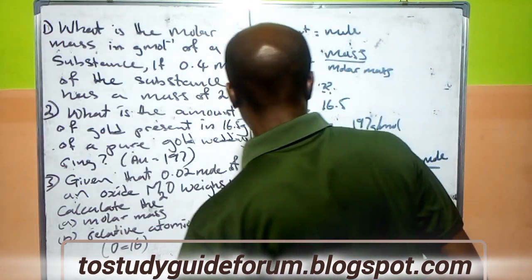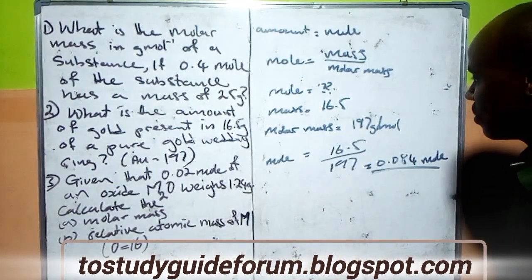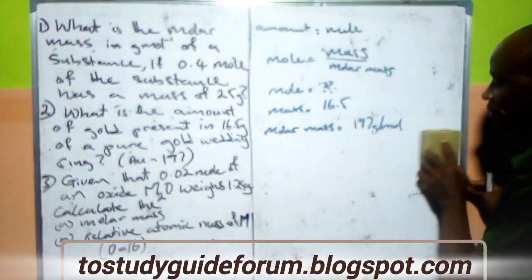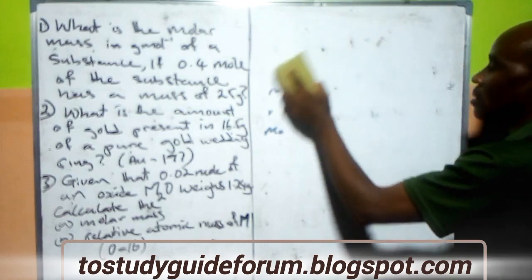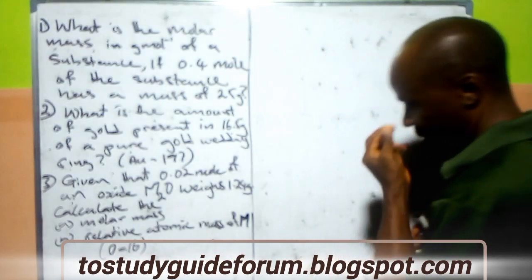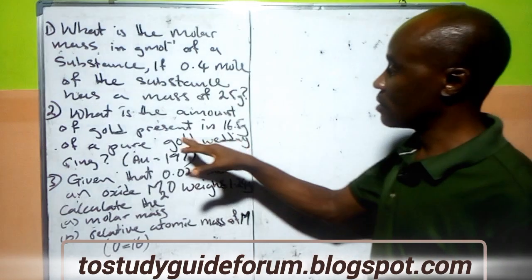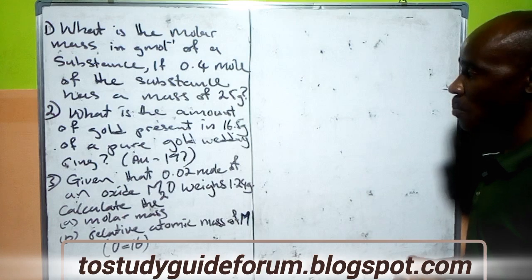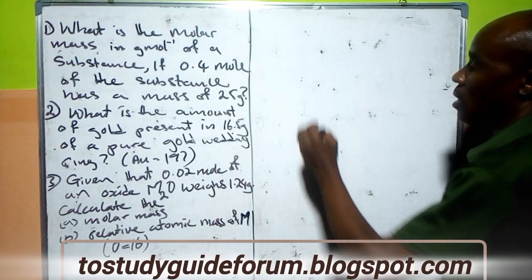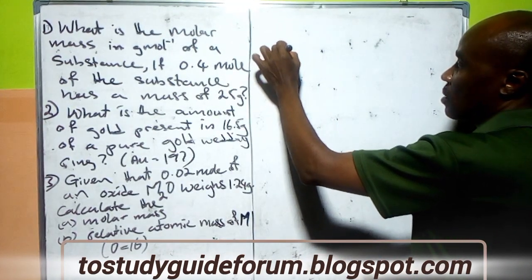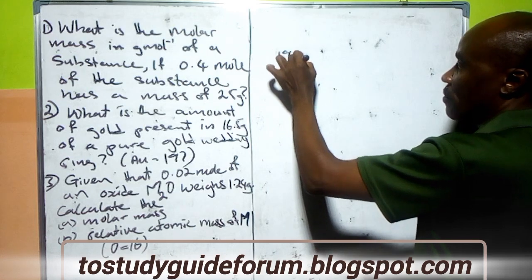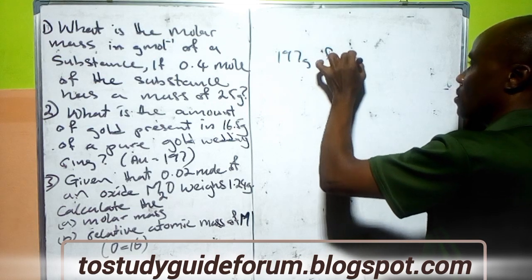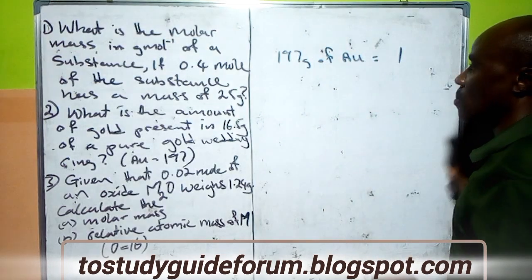So what are we going to do here? This one I did not solve the other way around, so let's try it the other way before we go to the next question. We know that 1.7 gram of gold contains 1 mole.